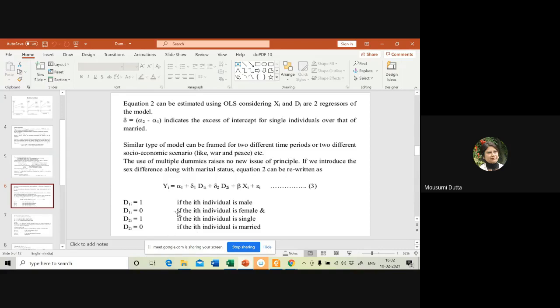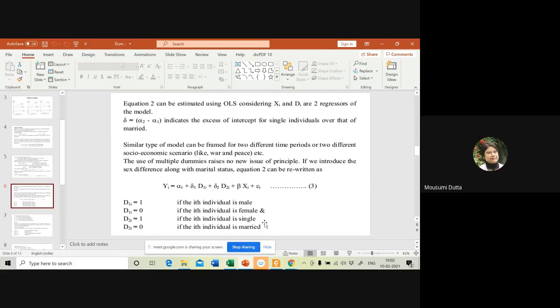For suppose female single, what will be the regression equation? Female single? Anyone? Ma'am, can I try?